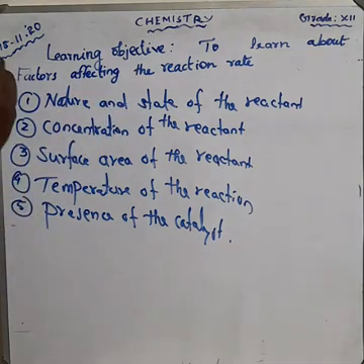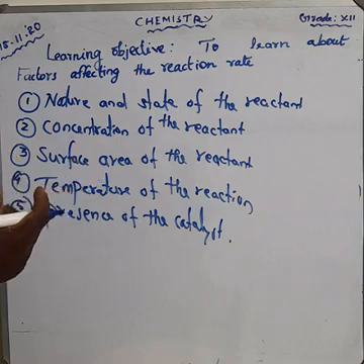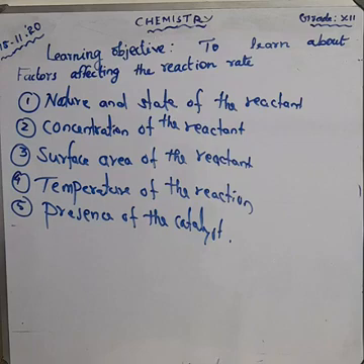That is, the chemical reaction involves breaking certain existing bonds of the reactant and forming new bonds, which leads to the product, am I right?